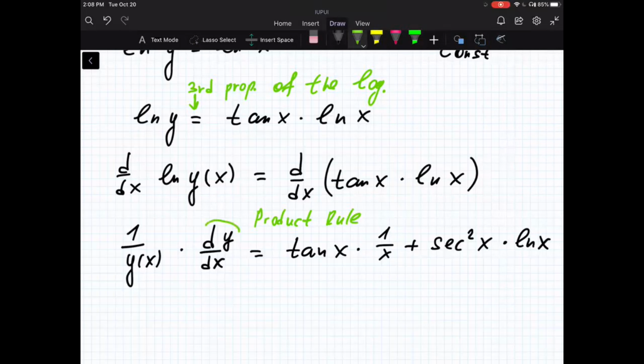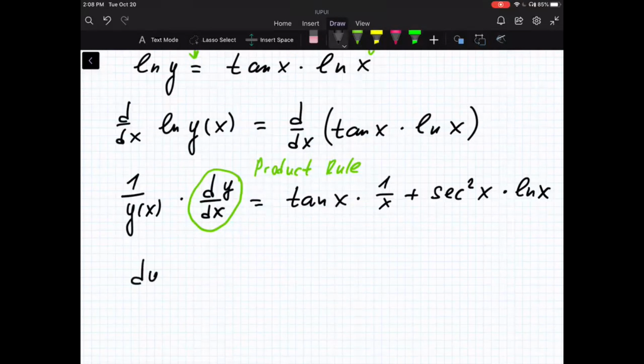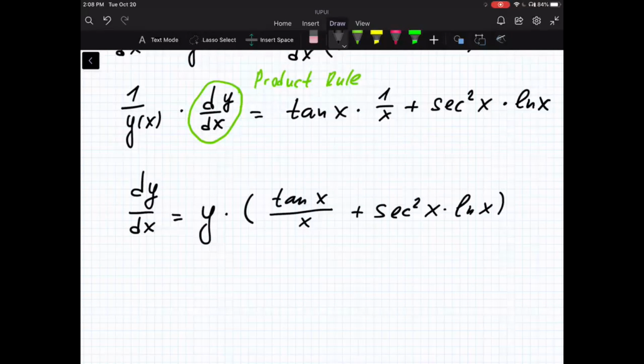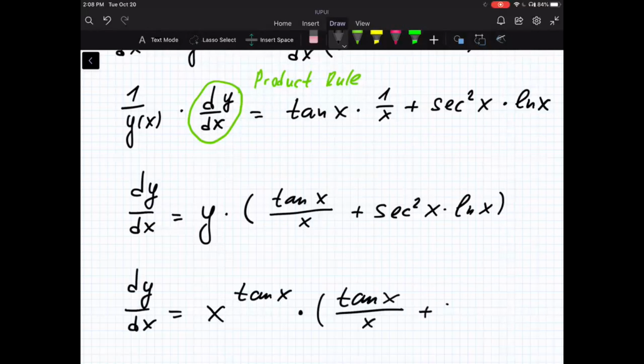But our goal was to find the derivative of y, and thus dy over dx is equal to y times tangent of x divided by x plus secant squared of x times the logarithm of x. But our y was x to the power tangent of x. So we get that dy over dx is equal to x to the power tangent of x times this expression.